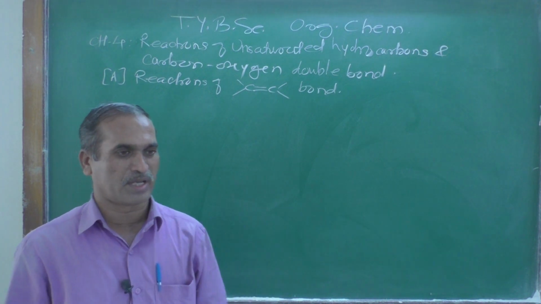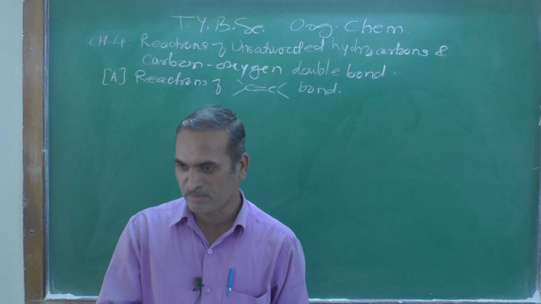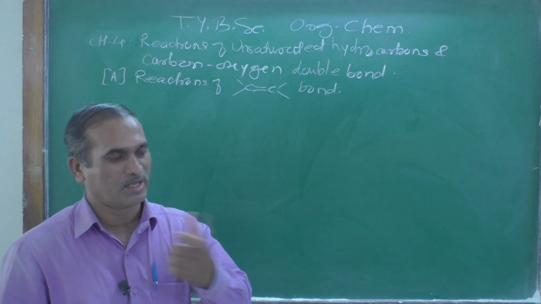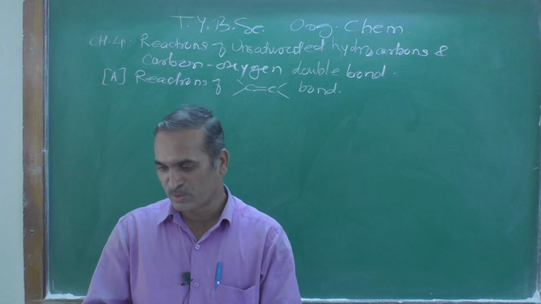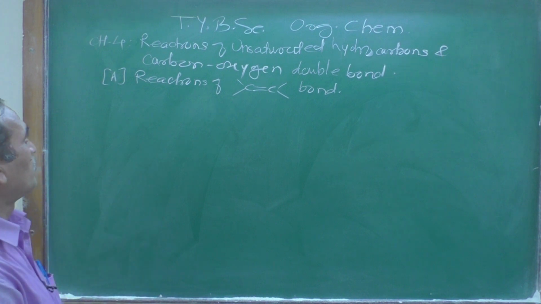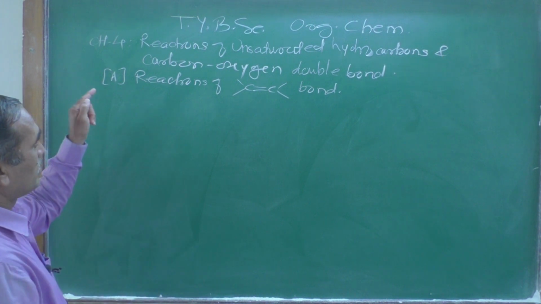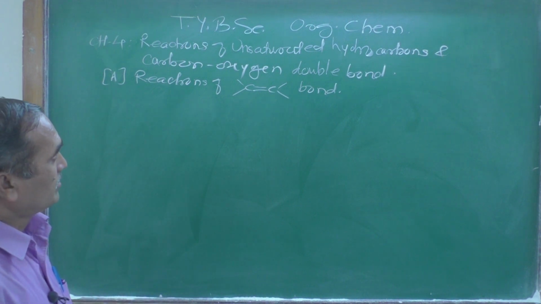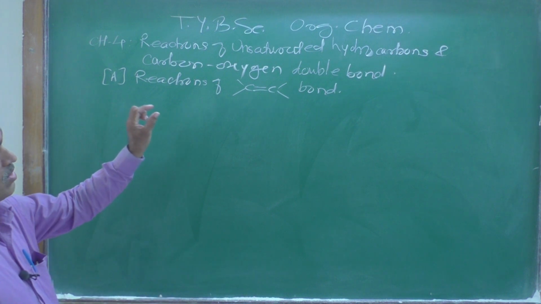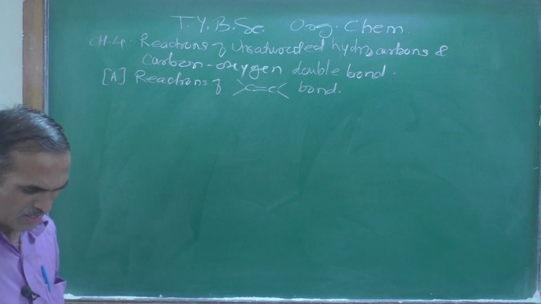And the name of chapter number 3 is nucleophilic substitution at aliphatic carbon. And now we are discussing chapter number 4. The name of the chapter is the reactions of unsaturated hydrocarbons and carbon-oxygen double bond.